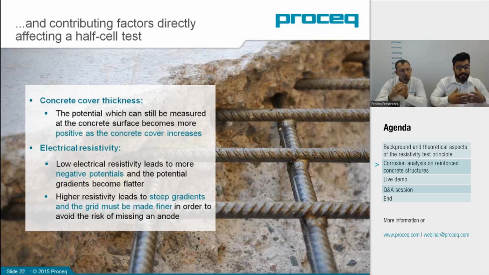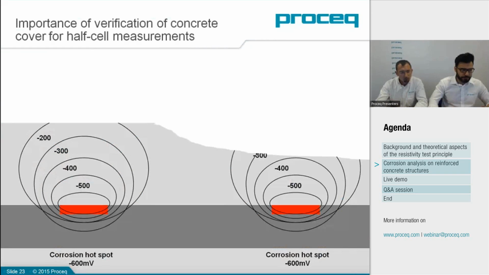In these cases, we need a much finer grid to accommodate these higher resistivity areas. We're going to cover that for you, and we've got a nice graph which Guido is going to break down and explain to us why we need to make such measures.